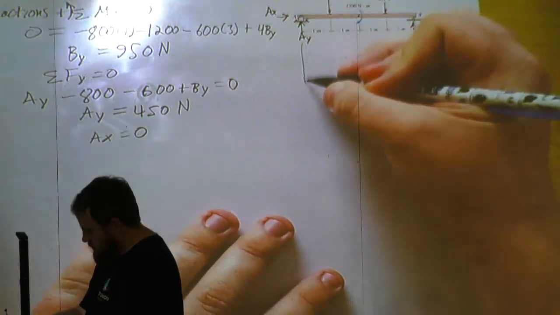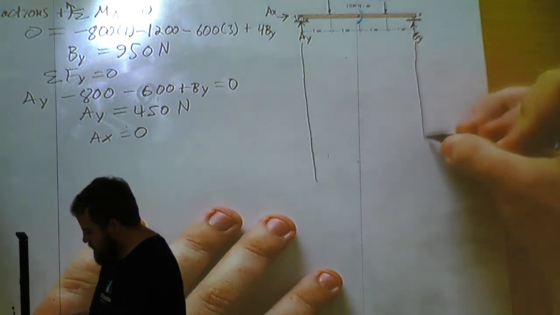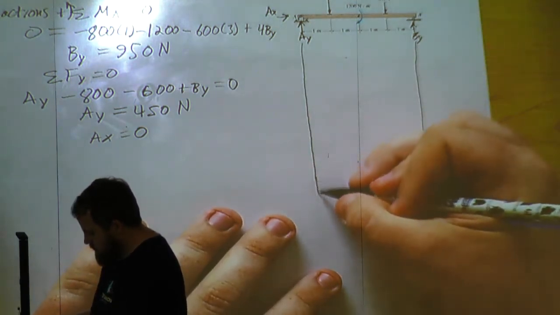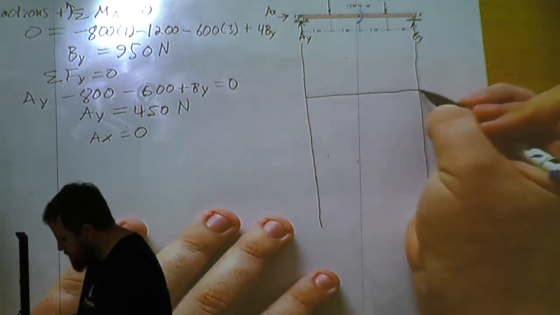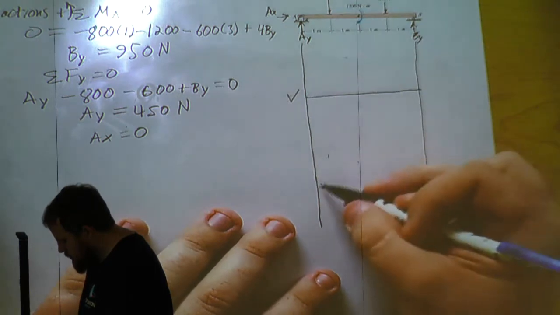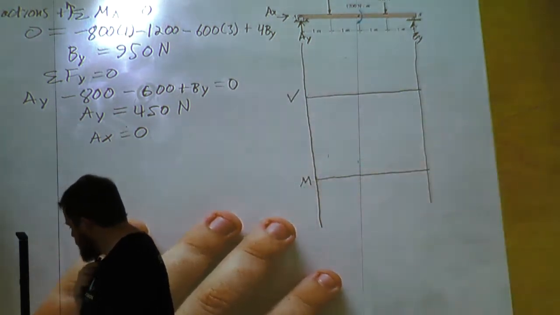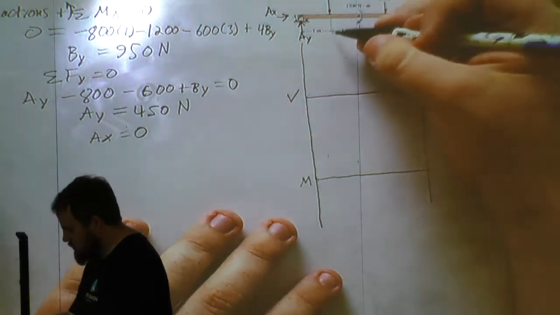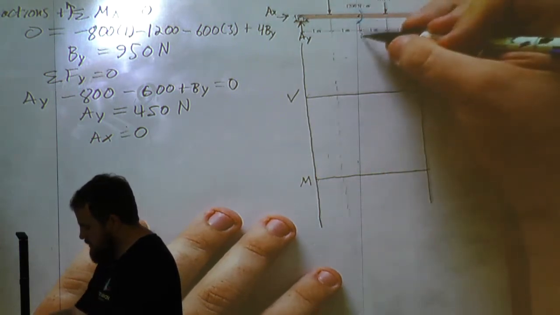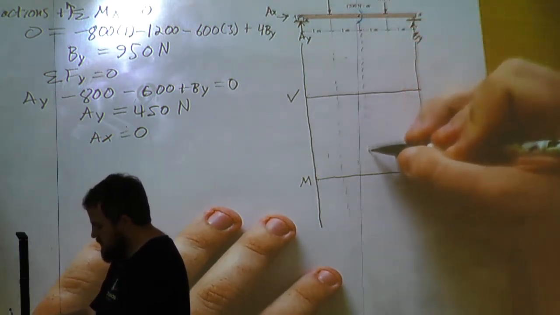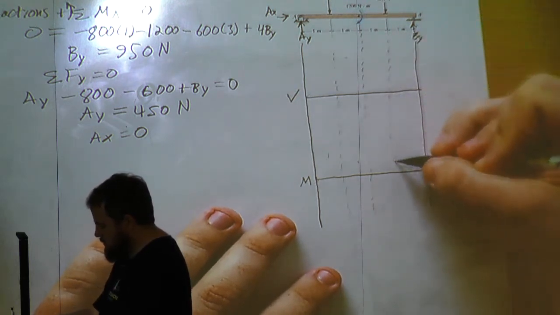So I'm just going to draw this directly under. I'm just going to make those dashes at each distance just to help me see it better. Okay.